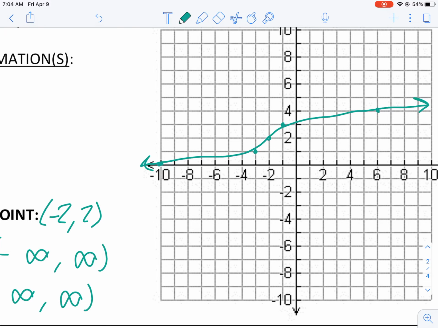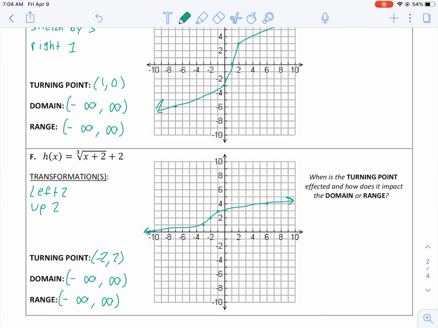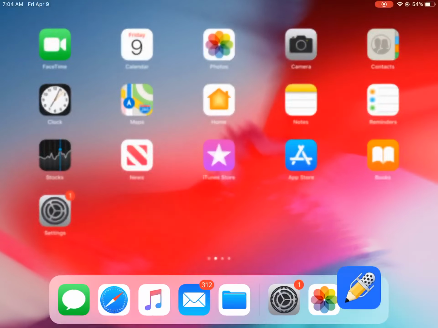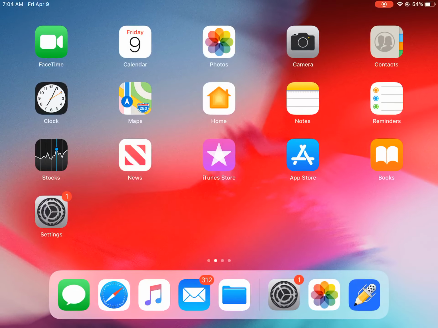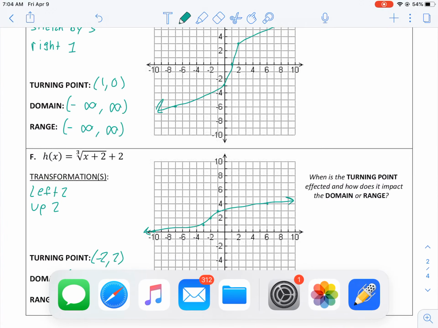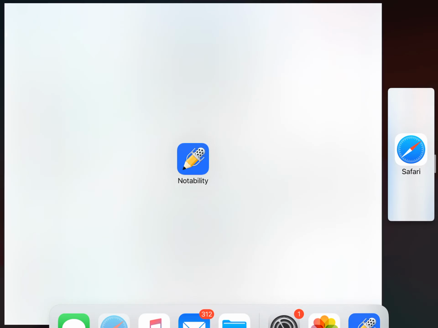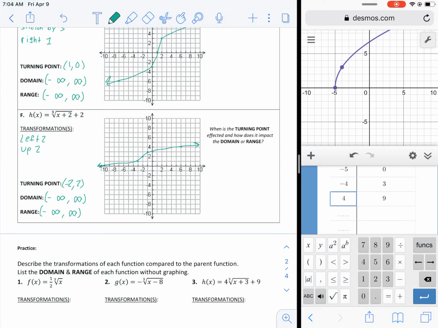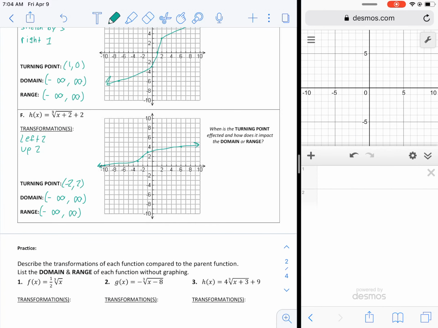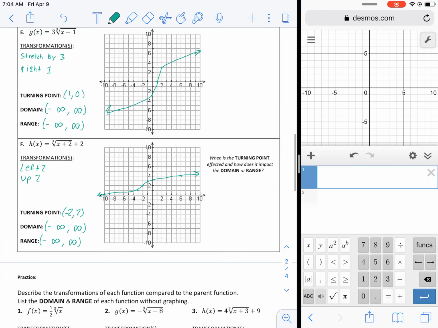All right, so that's how you graph a cube root. It's not really that difficult. If you have trouble, remember you can always use Desmos. All you have to do is type in whatever you want to graph.